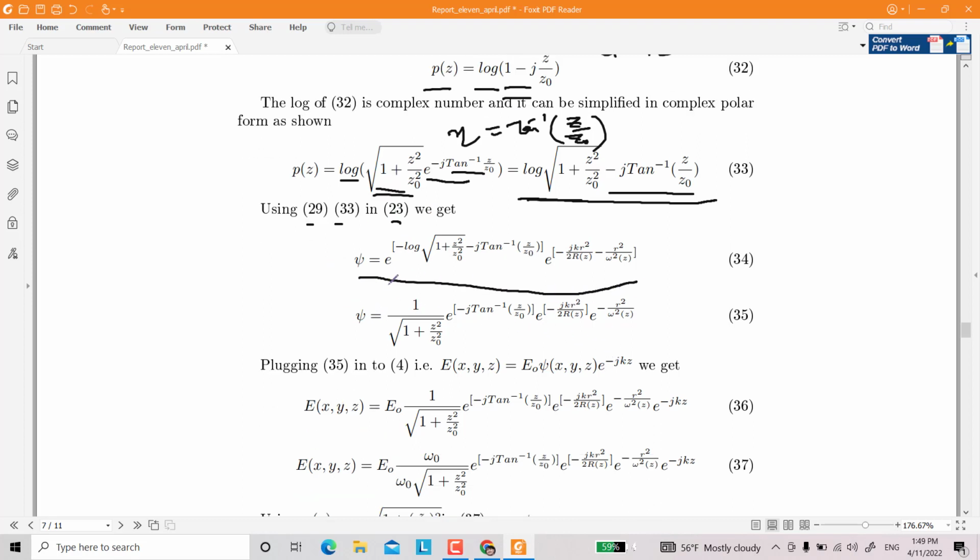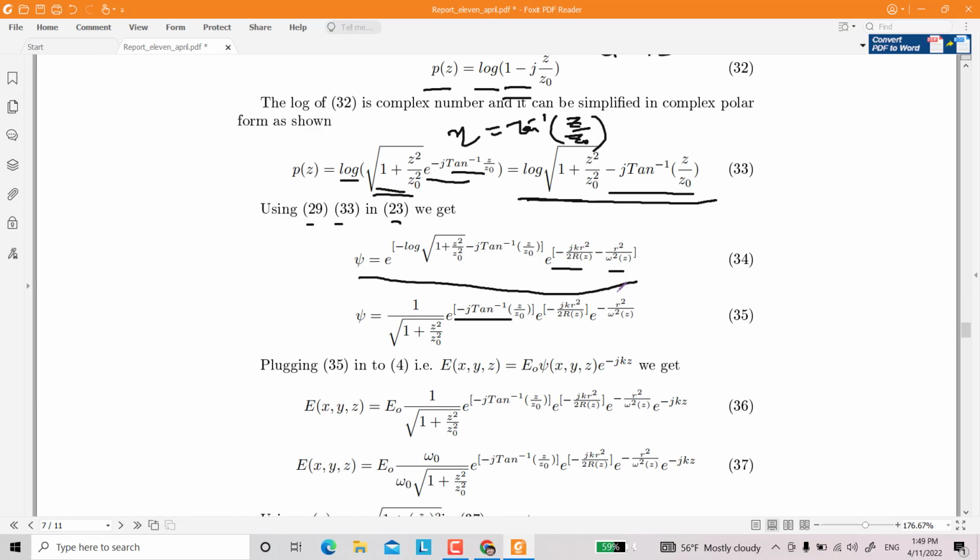If we further simplify, because there is an exponential to the power of minus log of something, we can distribute the exponential over these terms and cancel the log with the exponential. Then this comes down into a division because there is a minus out there. Similarly, if you take this term, exponential of minus j, this remains here as it is.